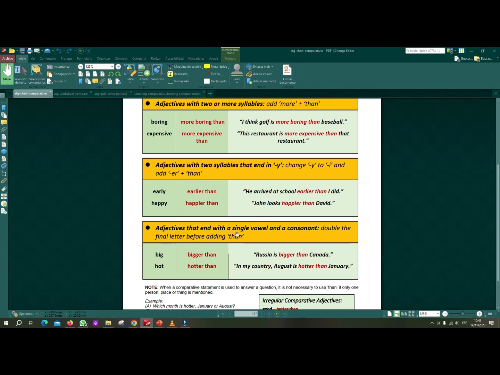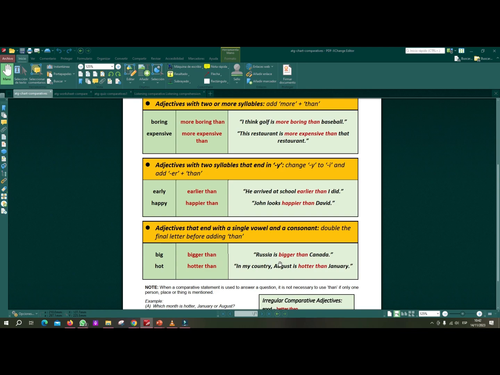Adjectives that end with a single vowel and consonant double the last letter before adding er. En el caso, ya dijimos que digamos consonante, vocal, consonante, vamos a duplicar la última consonante y agregar er al final. So, big, bigger than.